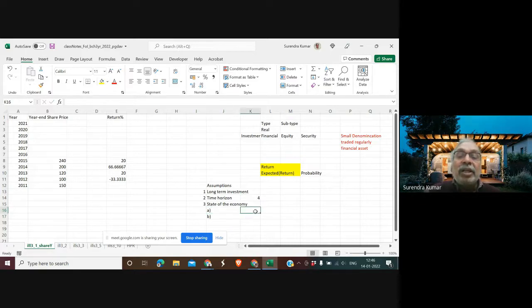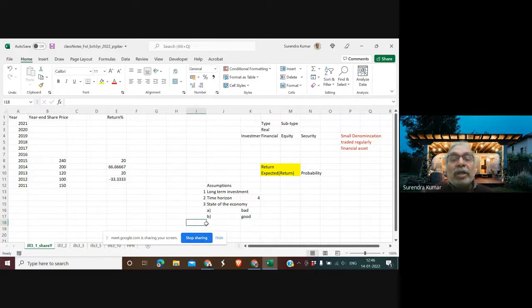These two states are bad and good. Generally, it is difficult to put it like this, that the economy is good or economy is bad. Sometimes you need to have more variations: very good, very bad, normal, right? So maybe you divide your state of the economy not in 2 categories, but 5 categories. But let's say, to begin with, it is in 2 different states.